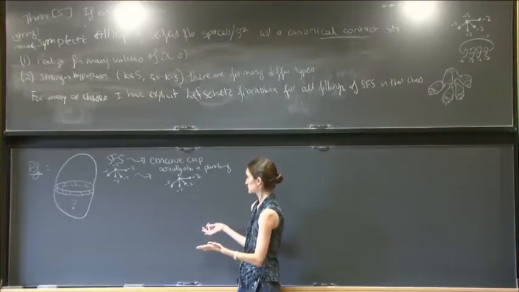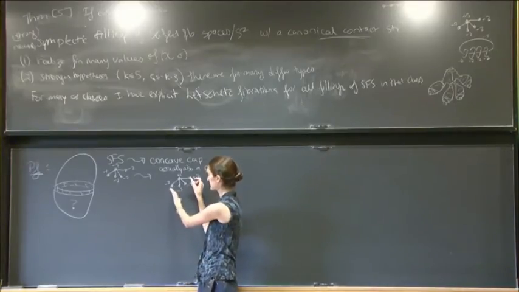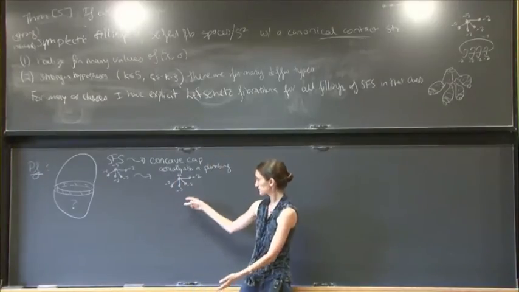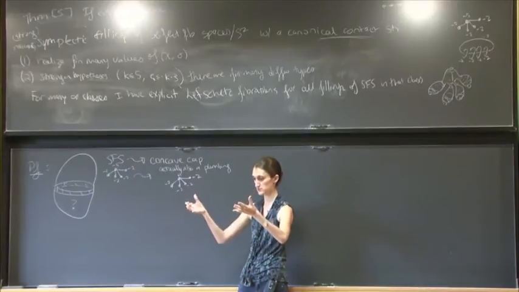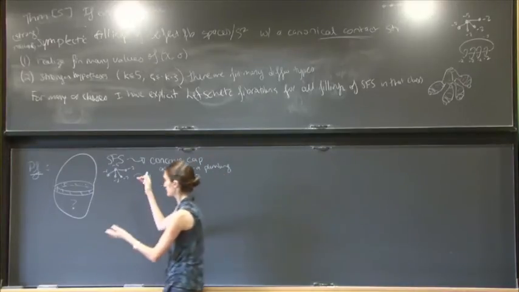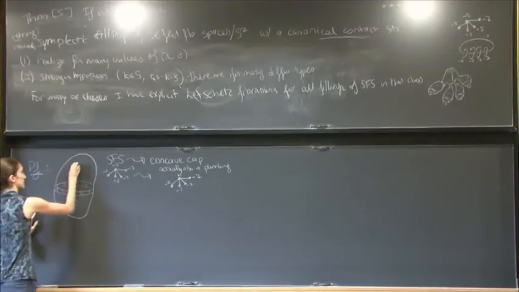And so there's also a nice symplectic structure on this particular plumbing, except instead of the symplectic form expanding out towards the boundary, it's contracting. So these two pieces glue together and they give you a closed symplectic manifold.